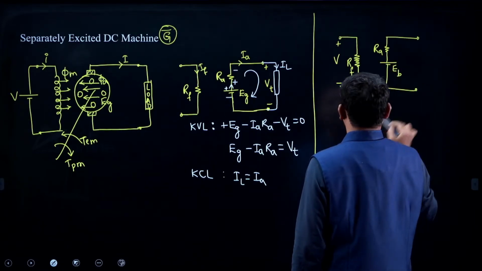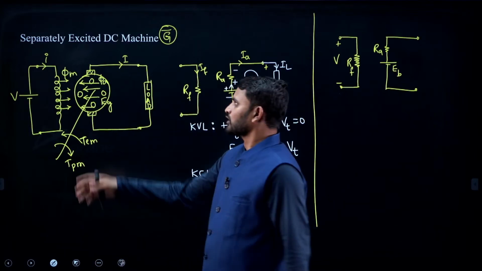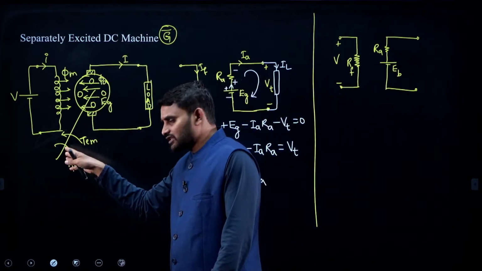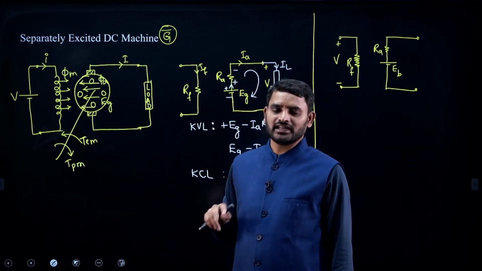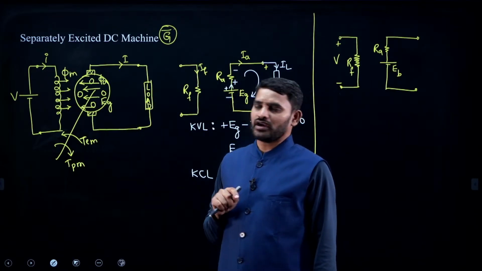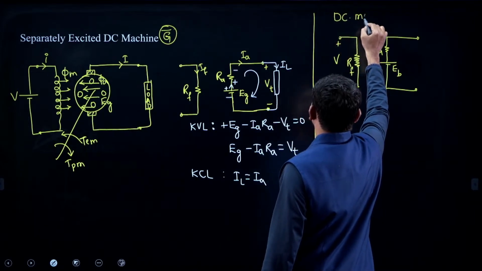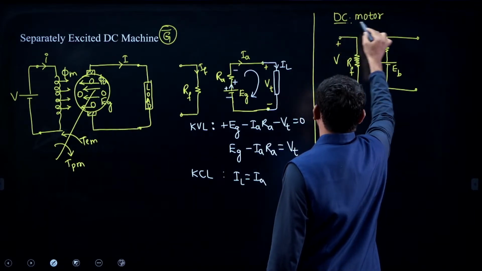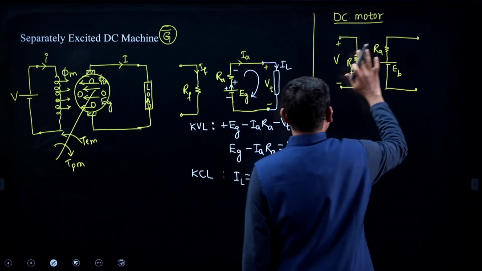Now, here we are not going to give mechanical energy. If you want to operate it as a generator, you should give the input as mechanical energy so that it can convert the mechanical energy into electrical energy. That is the generator function, right. Now, what about the motor, DC motor? It is a separately excited motor only, okay. The DC motor's function is to convert electrical energy into mechanical energy.